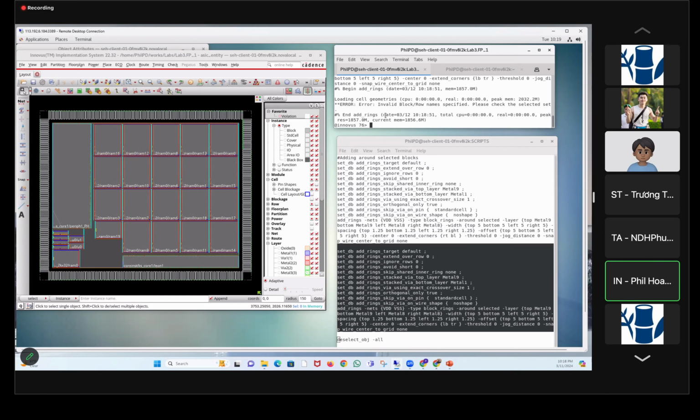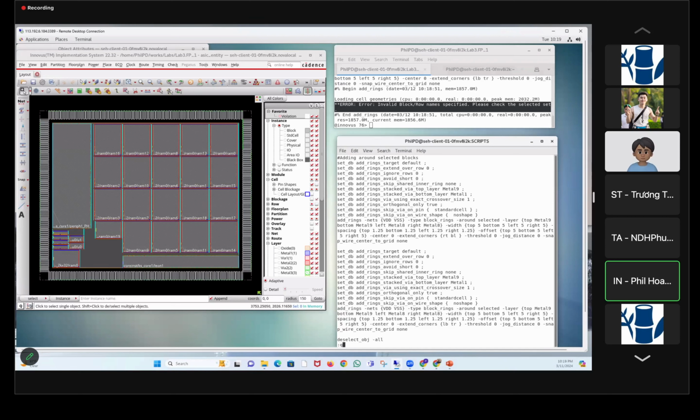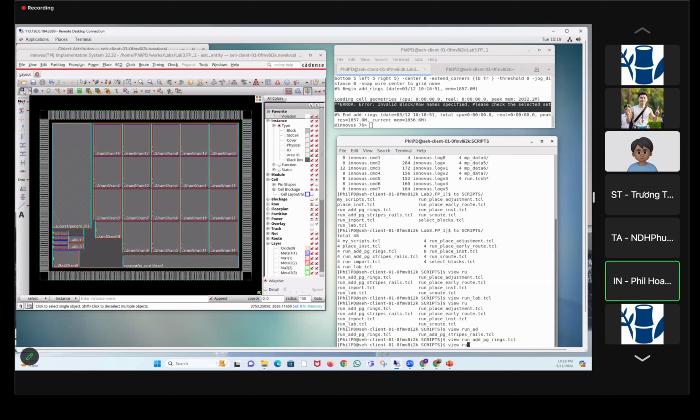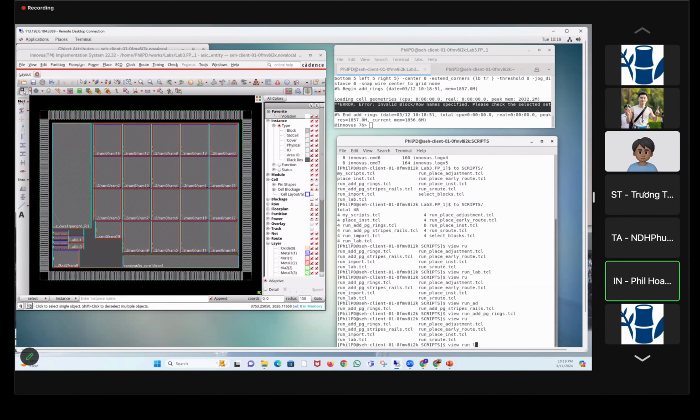So that's building the ring, right? So it's very straightforward. And then let's build the stripes, right?